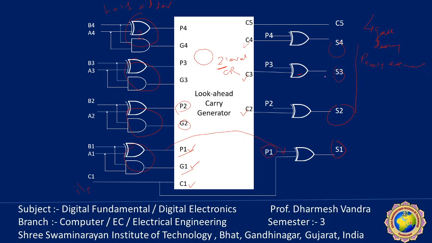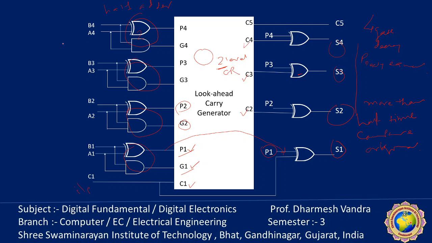So it reduces the time by more than half compared with the original circuit. This is called a 4-bit full adder with look ahead carry generator.